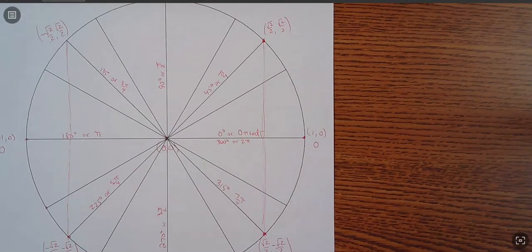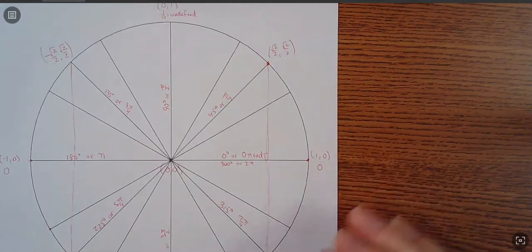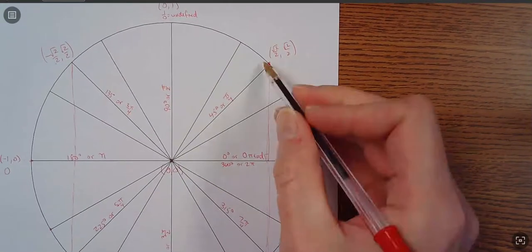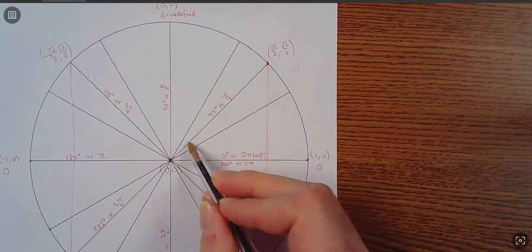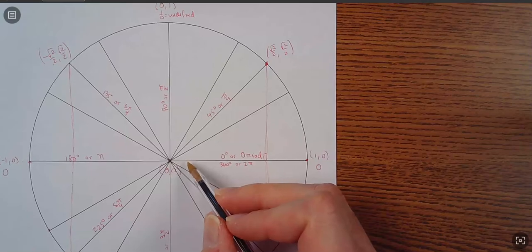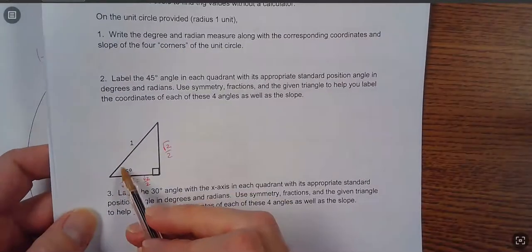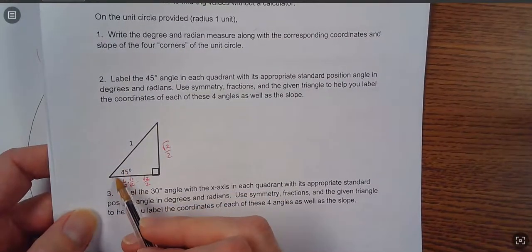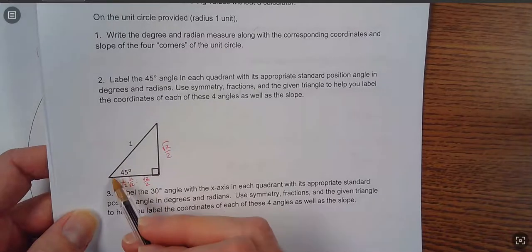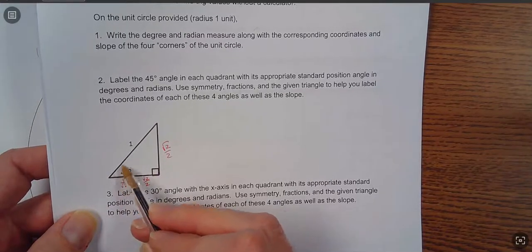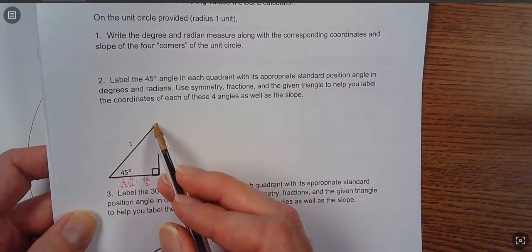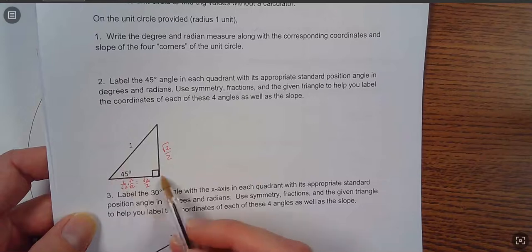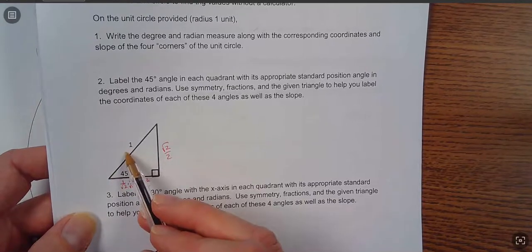Now, if I look at this 45, 45, 90 triangle and I'm looking at this angle, the ratio of the adjacent to the hypotenuse would be the cosine ratio. So this number is actually the cosine, since it's over 1, it's just going to be that number.